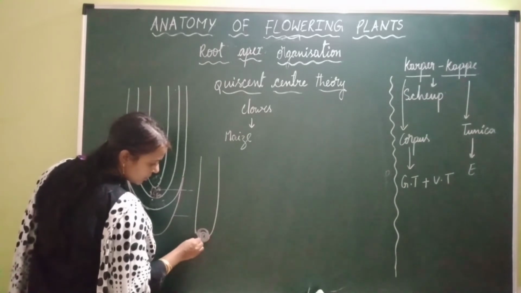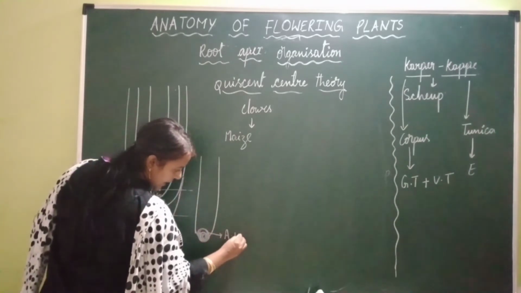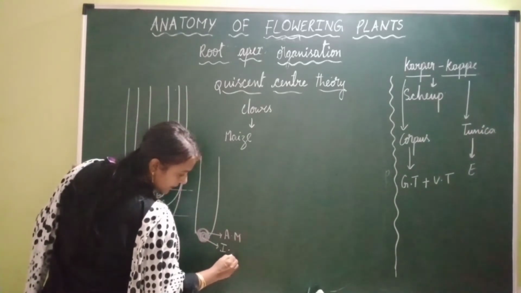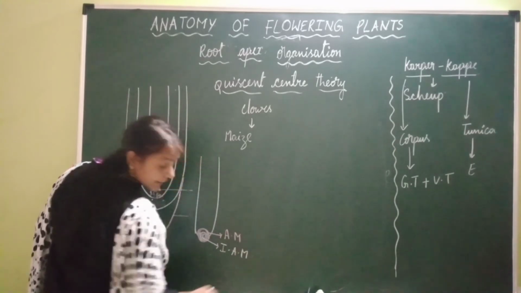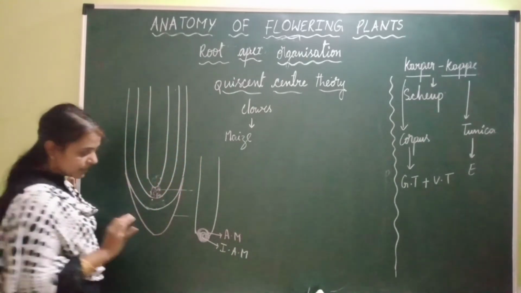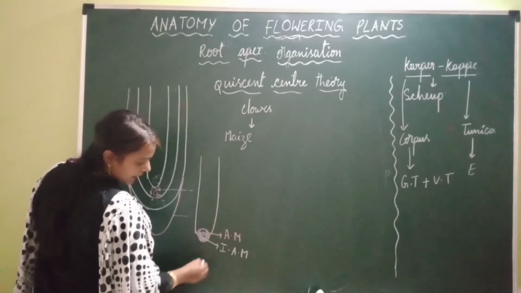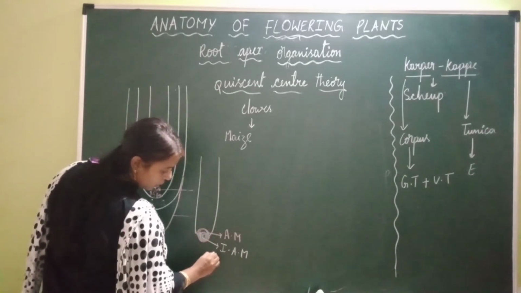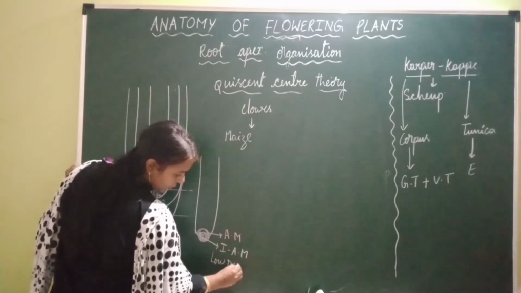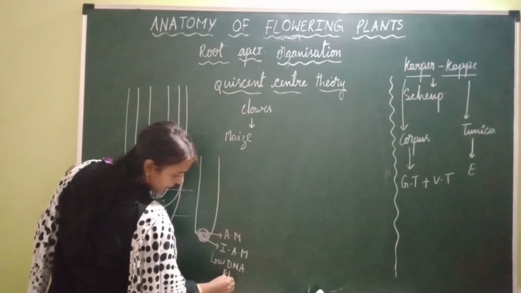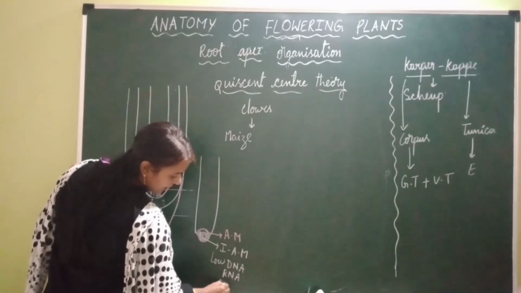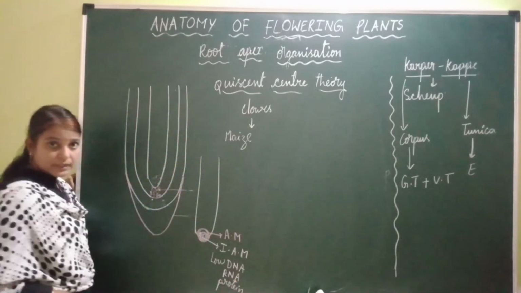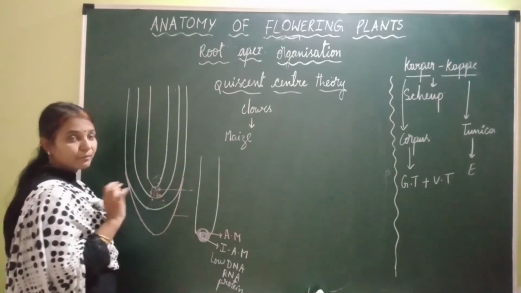The outermost is active meristem and the innermost is inactive meristem, which is called quiescent center. I will explain why it is called quiescent center. In this inactive inverted cup-shaped meristem, the amount of DNA is low, the amount of RNA is low, and the amount of protein is also low. Hence, it shows low meristematic activity. So it is called a reserve meristem.